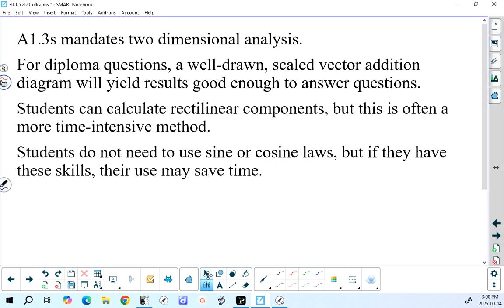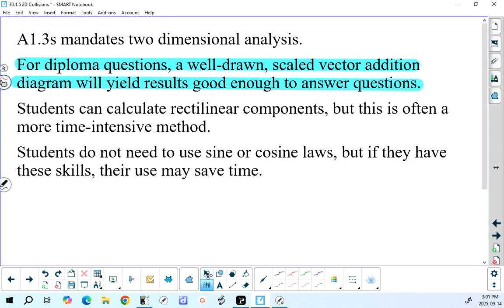This is a quote from a document from Alberta Ed, A1.3S, which is just a part of the curriculum. It's a code for teachers. Deals with two-dimensional analysis. For diploma questions, and for my exam questions as well, a well-drawn, scaled vector diagram will give you results good enough to get the marks on the exam.